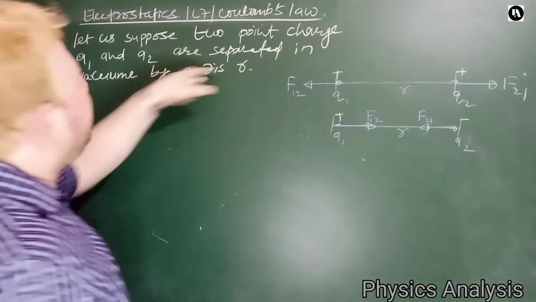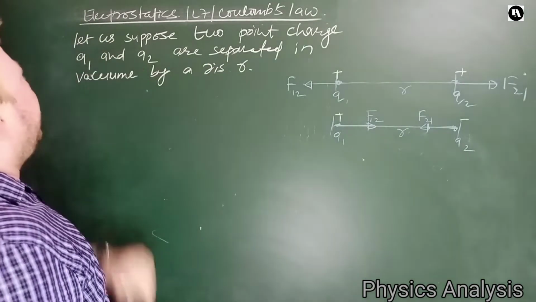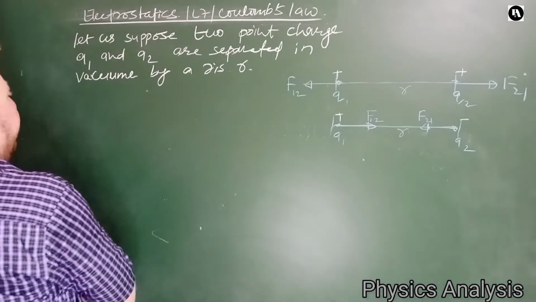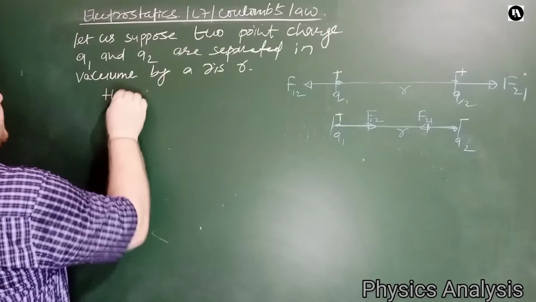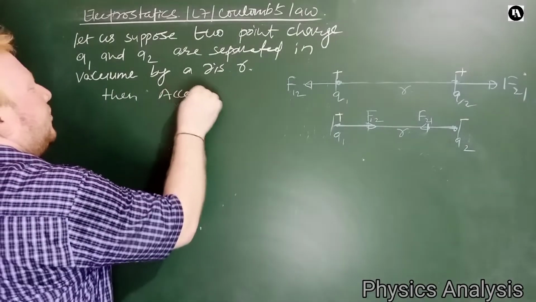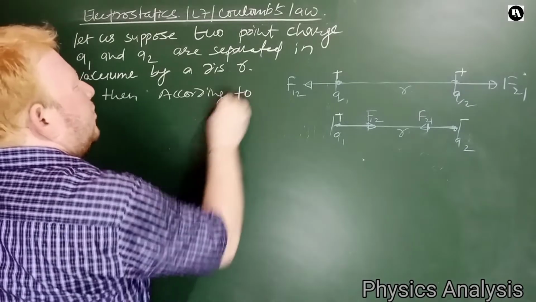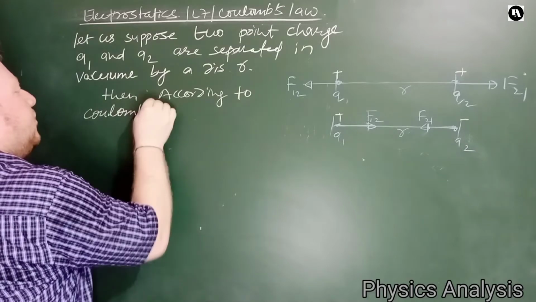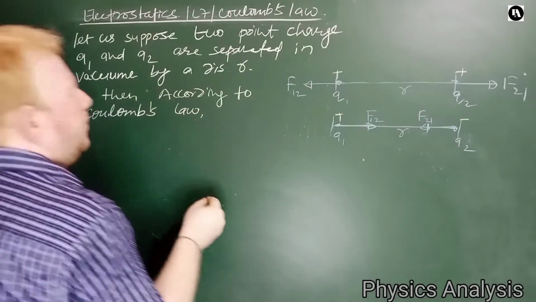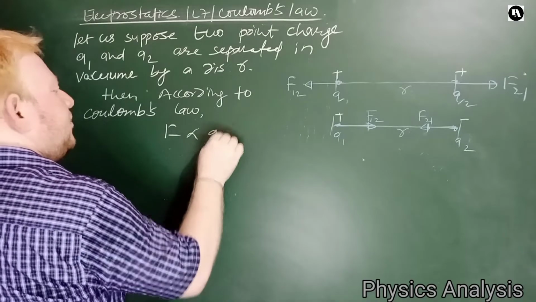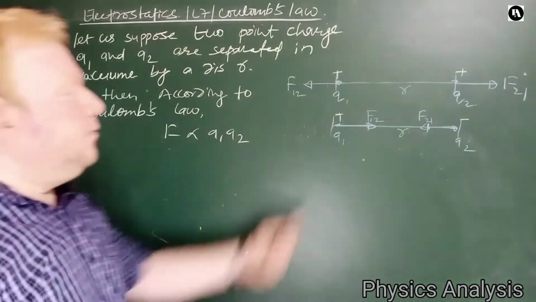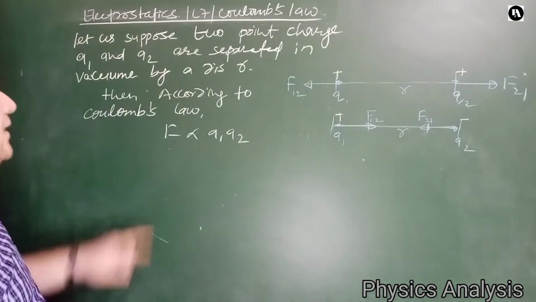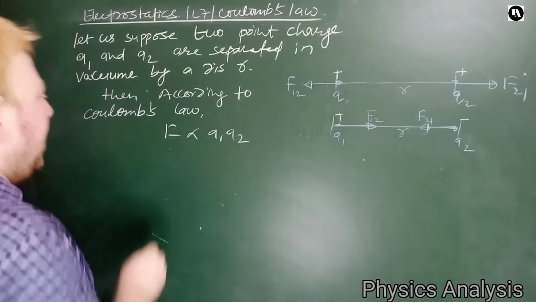Let us consider two point charges Q1 and Q2 separated in vacuum by a distance r. Then according to Coulomb's law, the force is proportional to the product of the magnitudes of the charges, F is proportional to Q1 Q2.